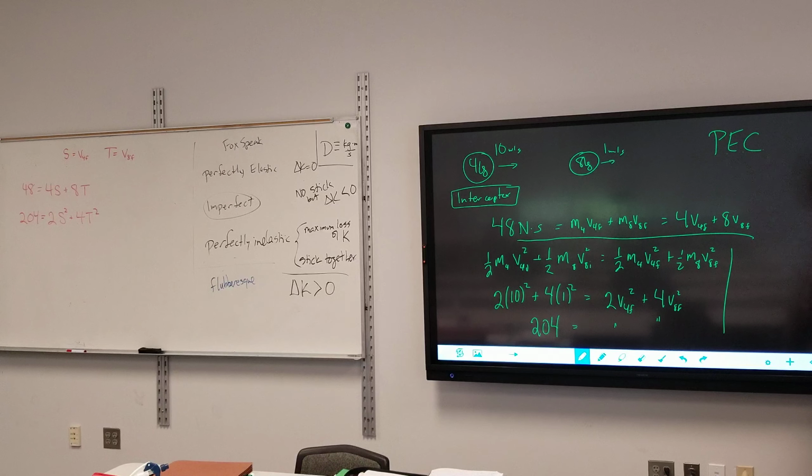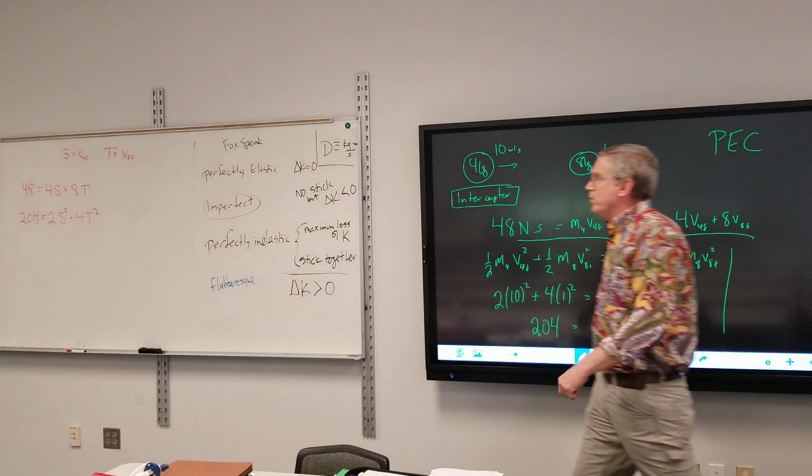Okay, so I got my two equations still in my notes using my shorthand with S and T. How would you solve it? Isolate a variable. Okay, which one do you want to isolate?